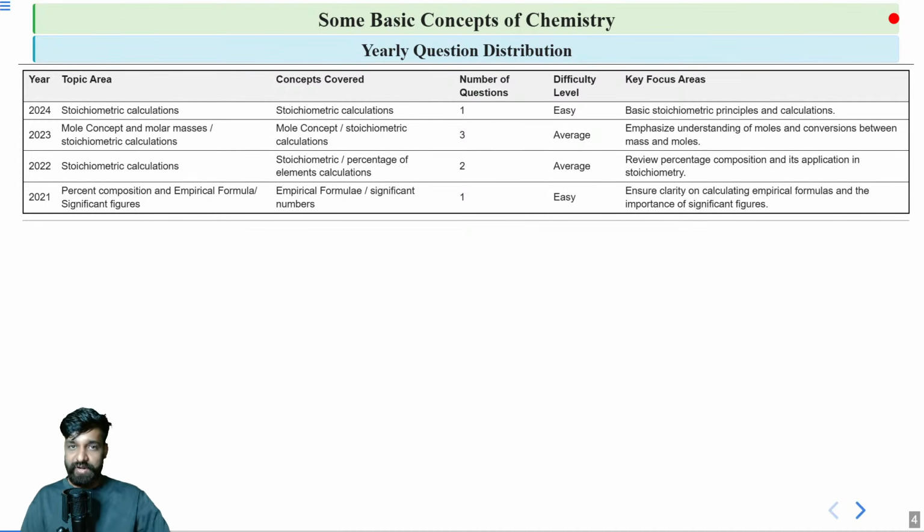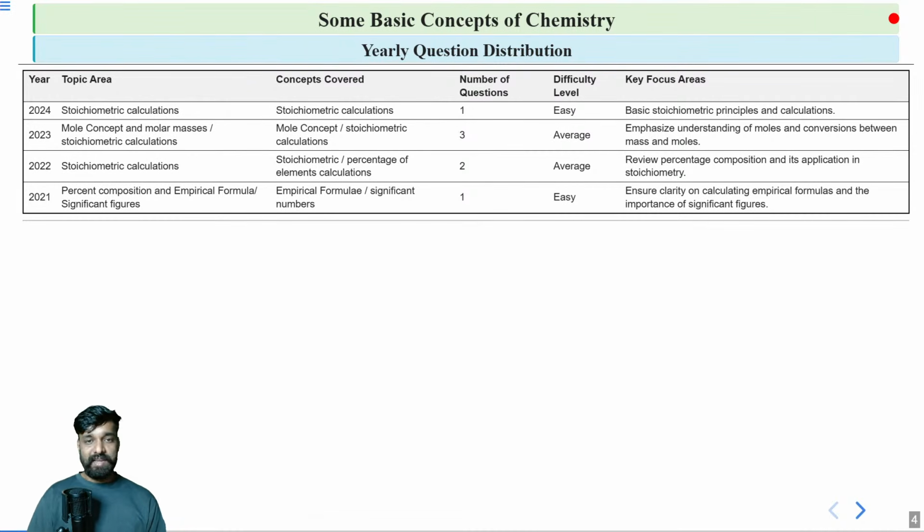And the third one is the stoichiometric calculation. So these three topics are the important topics in the chapter Some Basic Concepts of Chemistry for today's class, right? So remember these three topics. Again, I am repeating it. Percentage composition and empirical formula. Second, mole concept and molar mass. Third, stoichiometric calculation. Got it?